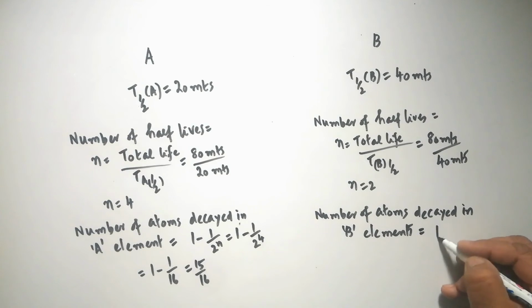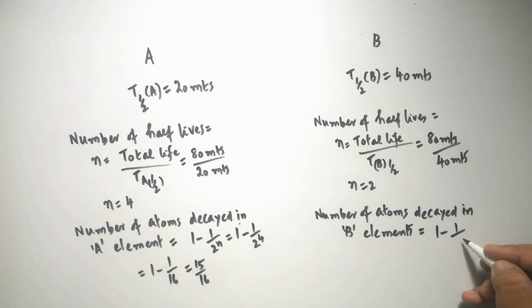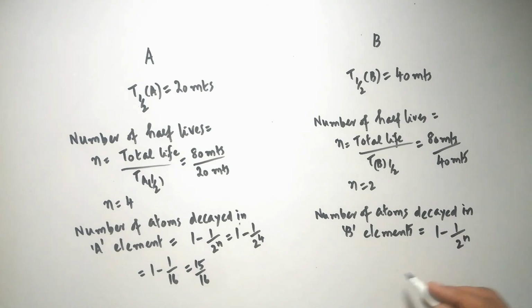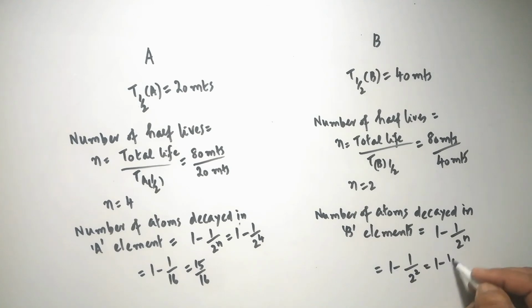Same formula, 1 minus 1 divided by 2 power n. Substitute now, 1 minus 1 divided by 2 power 2. 1 minus 1 by 4. The answer will be 3 by 4. So these two answers are found out.